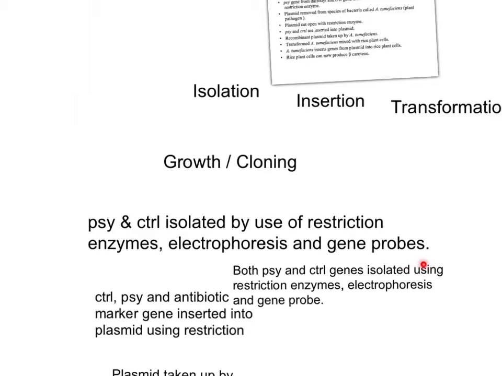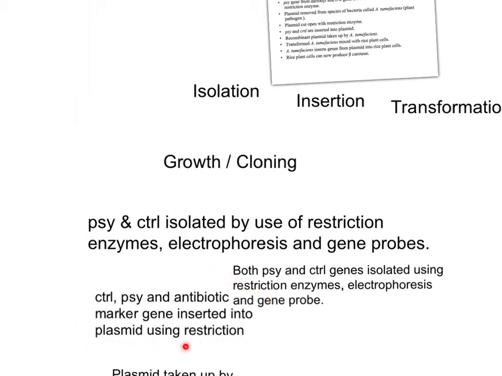We would then have to insert these genes into a plasmid. This plasmid comes from a particular type of bacterium called an agrobacterium. These agrobacterium are very special in that they're plant pathogens, and they work by inserting DNA into plant tissue.